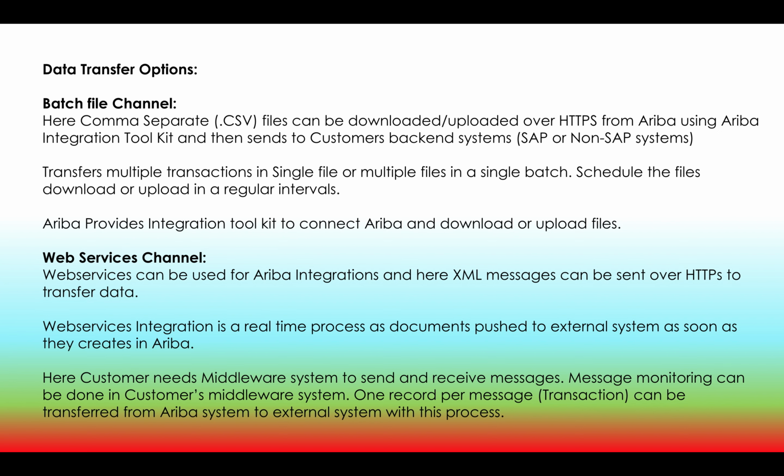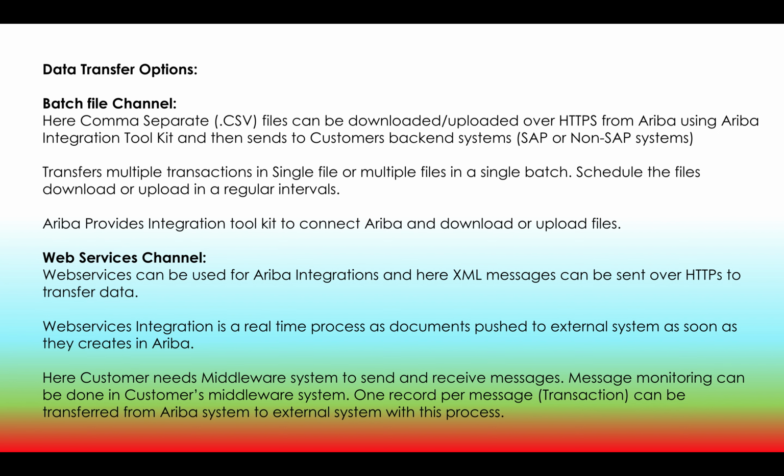How are the files moving from Ariba to ERP and ERP to Ariba? So let's discuss. Here, comma separated files can be downloaded or uploaded over HTTPS from Ariba using the Ariba Integration Toolkit.